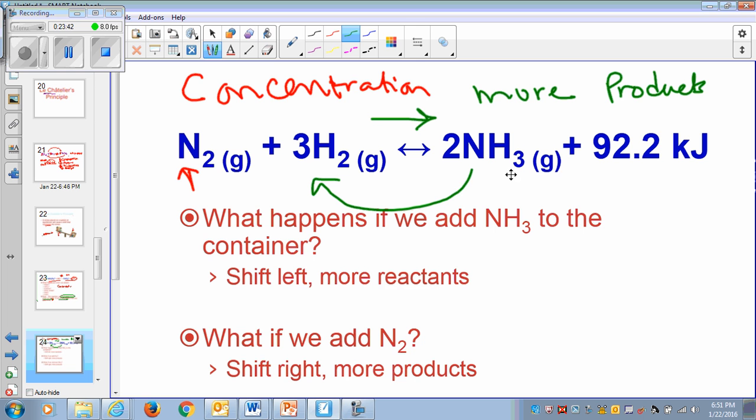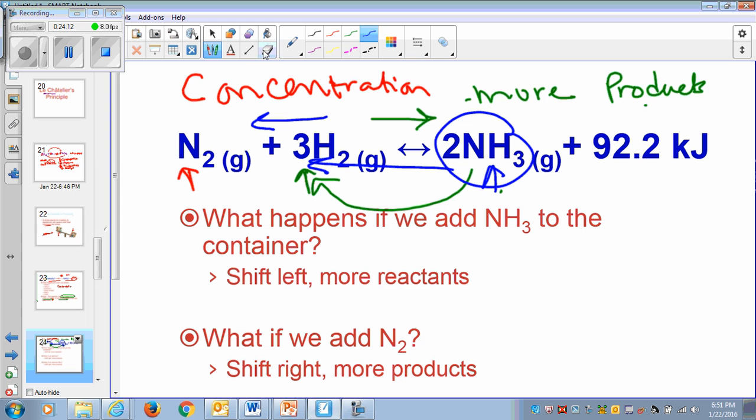So yes, that equilibrium will change where it was before when you stressed it, but later on the reaction will automatically adjust itself to regain the equilibrium at a different level. So my point here is that if you add the nitrogen or hydrogen, the reaction will shift to the products. If you add, on the other hand, ammonia, the reaction will shift to the reactants, because if I have more of this, it's going to produce more of that. So the reaction will shift that.